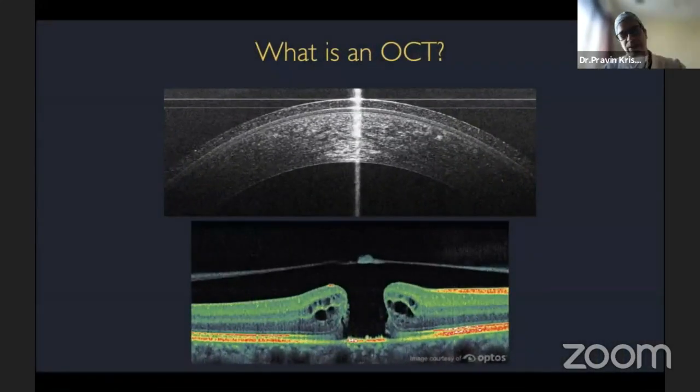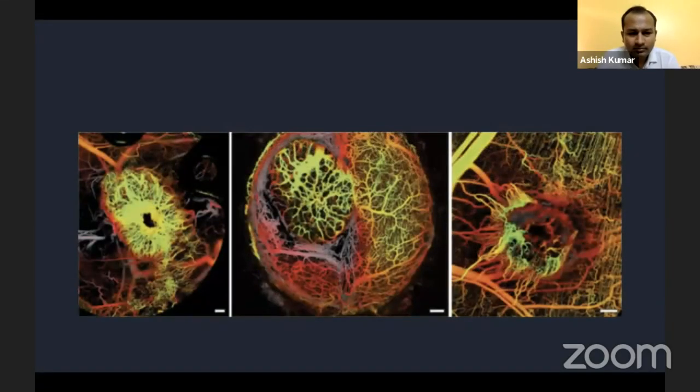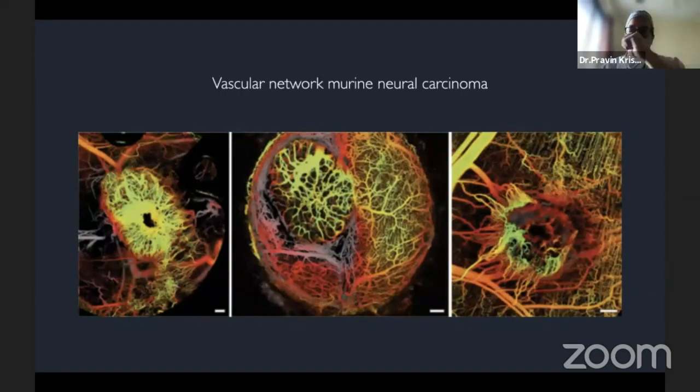So from our understanding of OCT technology, you'll be surprised to know that the OCT is not something that is confined to ophthalmology. In fact, OCT technology is quite widespread in several different fields, including in research into vascular growth in carcinomas.